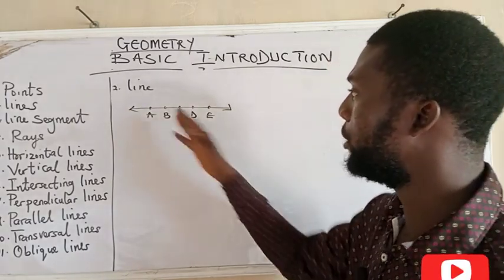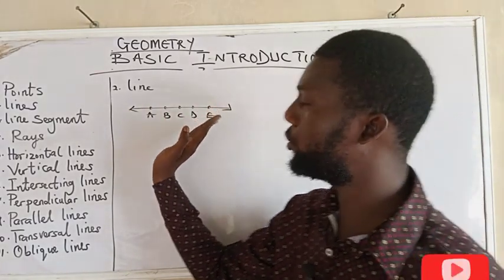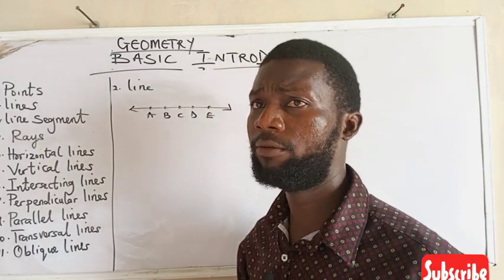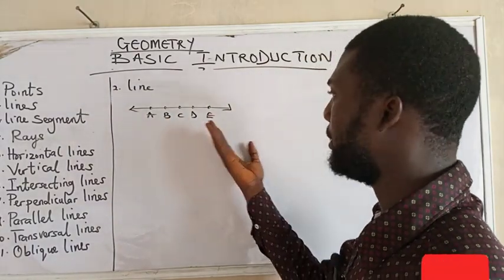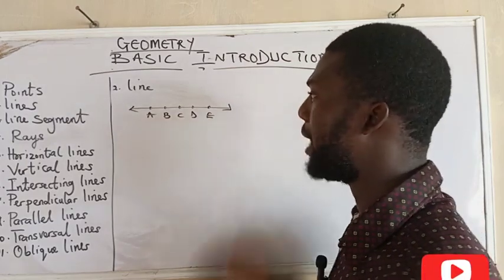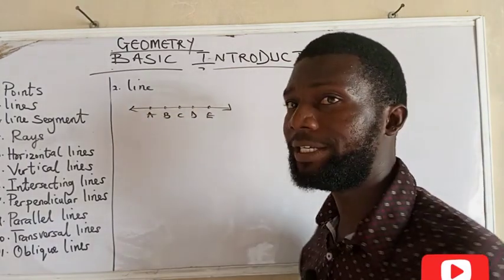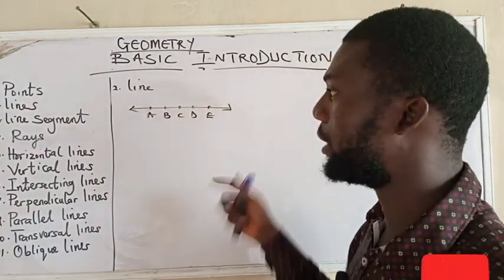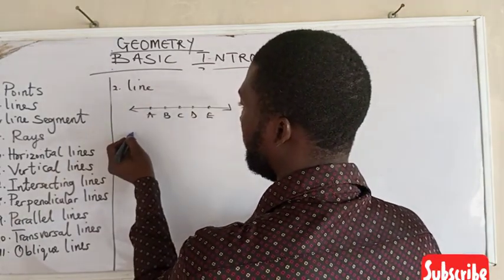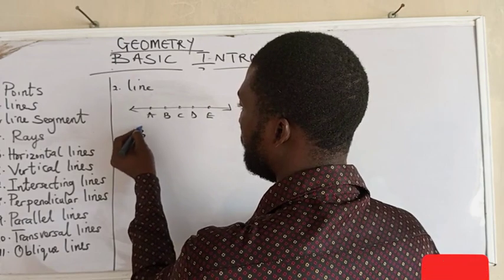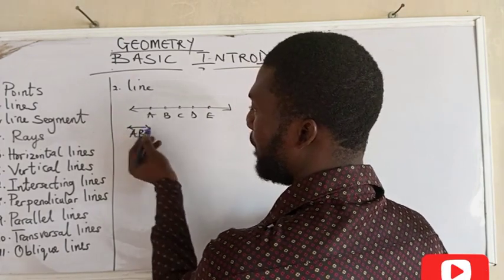So for example now, this goes on and on infinitely. And on our right hand side, it goes on and on forever. So the points here are infinite. So that is why we call this what? A line. And this is how we represent a line. I can say this is line AB. You can see the arrow on it.